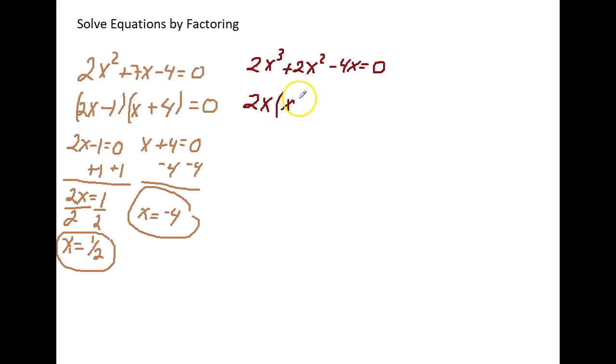x squared plus x minus 2 equals 0. Alright, now this is factorable because I need numbers that multiply to give you a -2, so opposite signs.